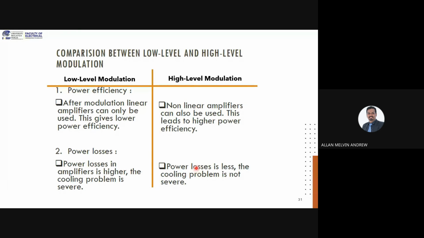Maybe the power losses will be there, but much lesser. Once it detects a power loss, it will try to adjust itself in order to reduce it. So here the cooling problem is not happening. I won't say not happening, but it is not severe. Very less.